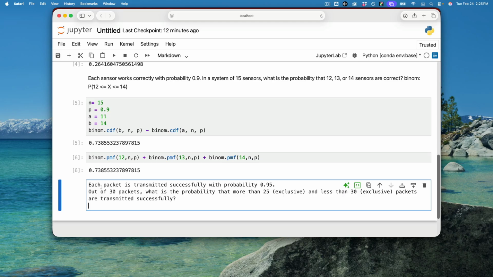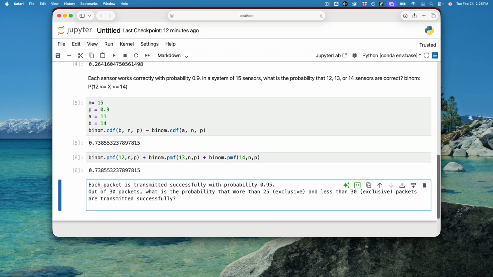If I said 30 or less, it will be inclusive. If I said less than 30, it's exclusive. So you're not going to see those parentheses exclusive, inclusive in the exam. You have to work with the nomenclature we use in class. So more than 25 and less than 30 packets are transmitted successfully.